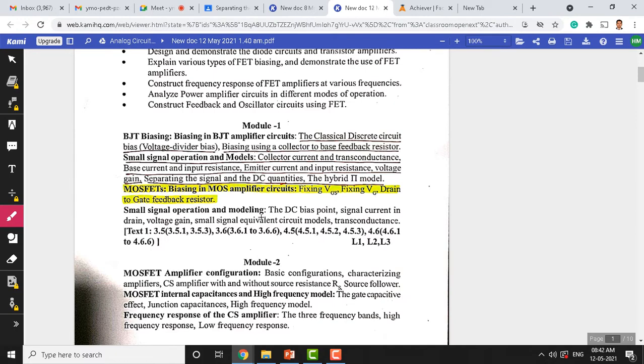Prior to covering biasing in MOS amplifier circuits, I thought let me cover a few MOSFET fundamentals, and later we can jump into the different bias circuits used in MOS amplifier circuits. That's why I have dedicated this class particularly to the MOSFET fundamentals.